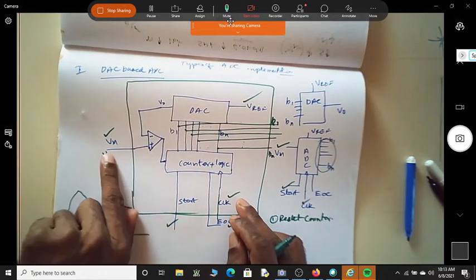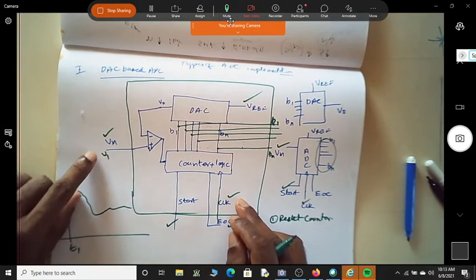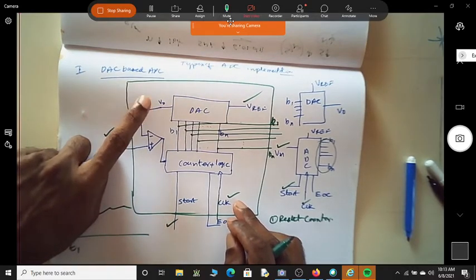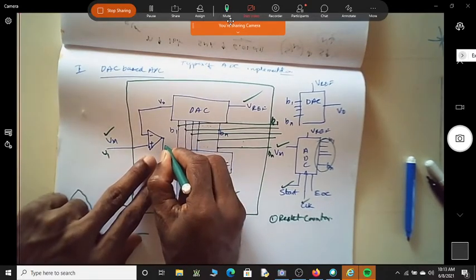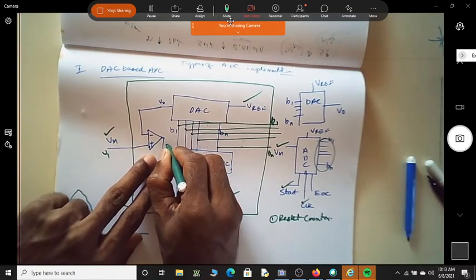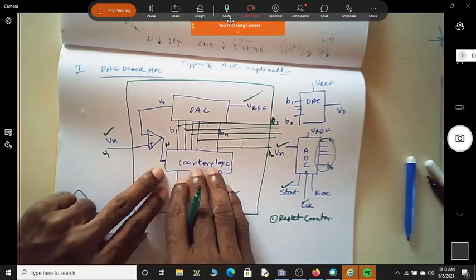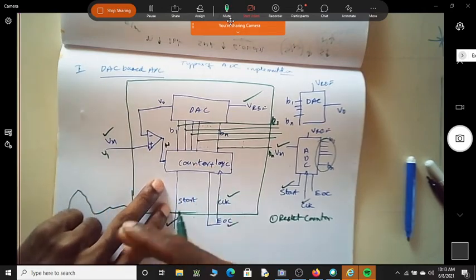So it is compared with this V1 voltage. Is this V1 more than 0? Yes, it is more than 0, then the output voltage is, of course, high. When the output is high, this will allow the counter to count.